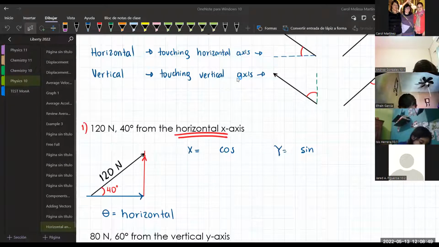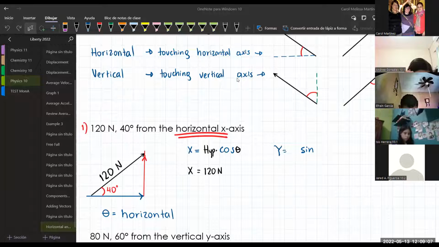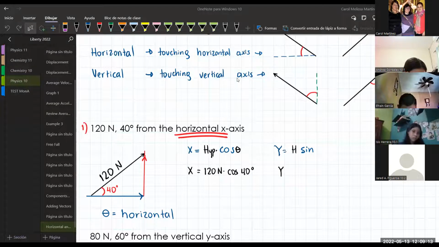So to calculate the component, it's going to be the hypotenuse of the vector itself times cosine of the angle, and x then is going to be equal to 120 Newton cosine of 40 degrees. And for y it's going to be hypotenuse times sine of the angle, or 120 Newton sine of 40 degrees.